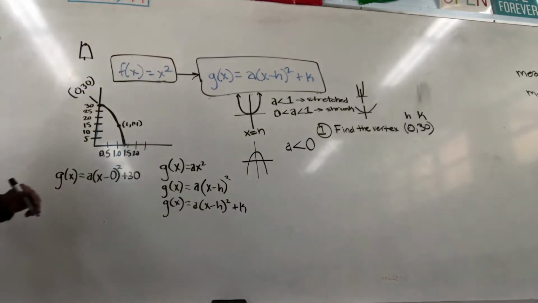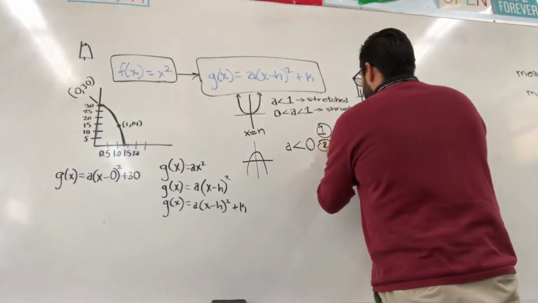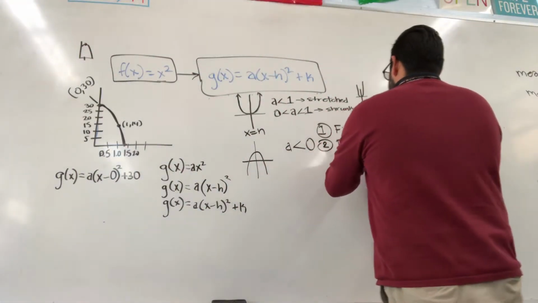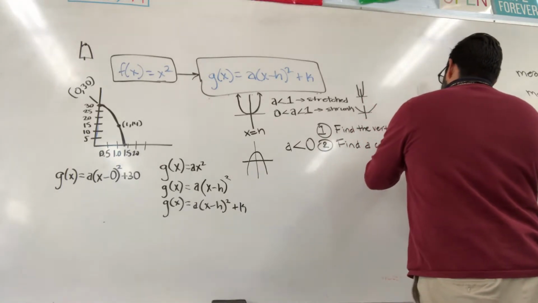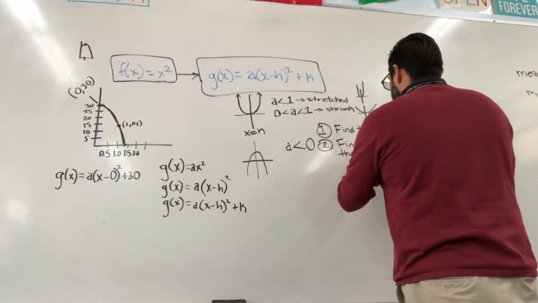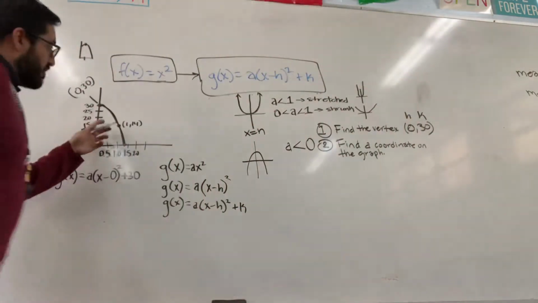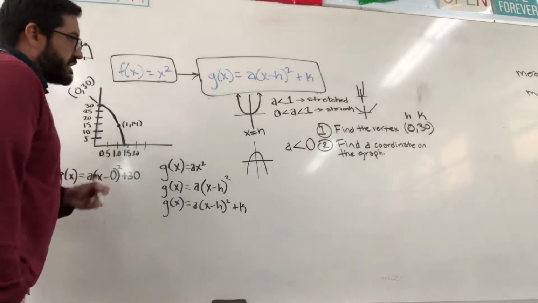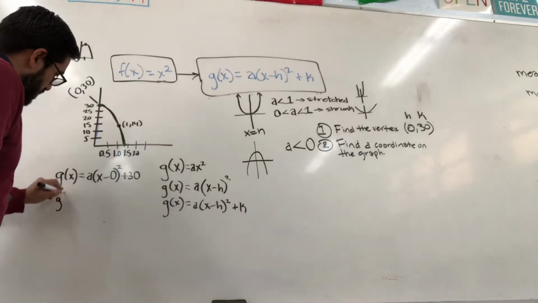Great. What's our next step? Step 2, find a coordinate on the graph. Okay, so if I look over here, I have a coordinate designated, it's 1, 14, and I'm going to plug that right into this problem.